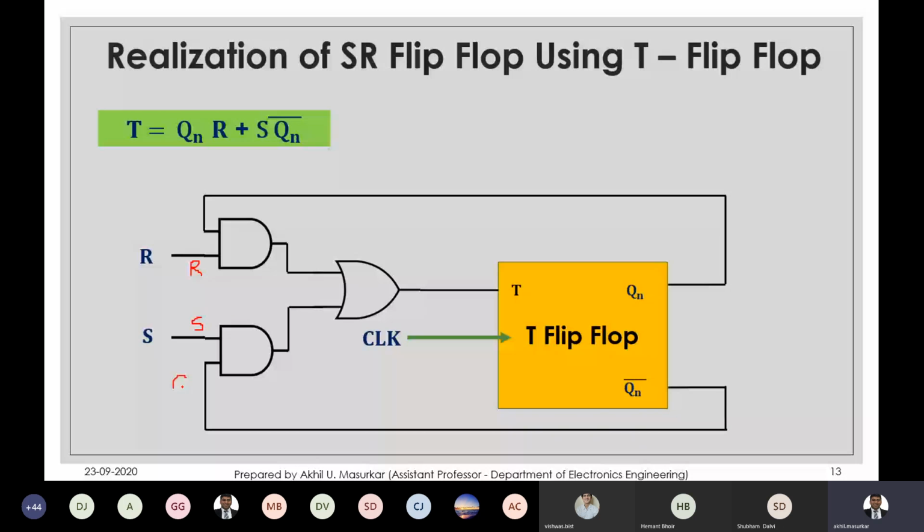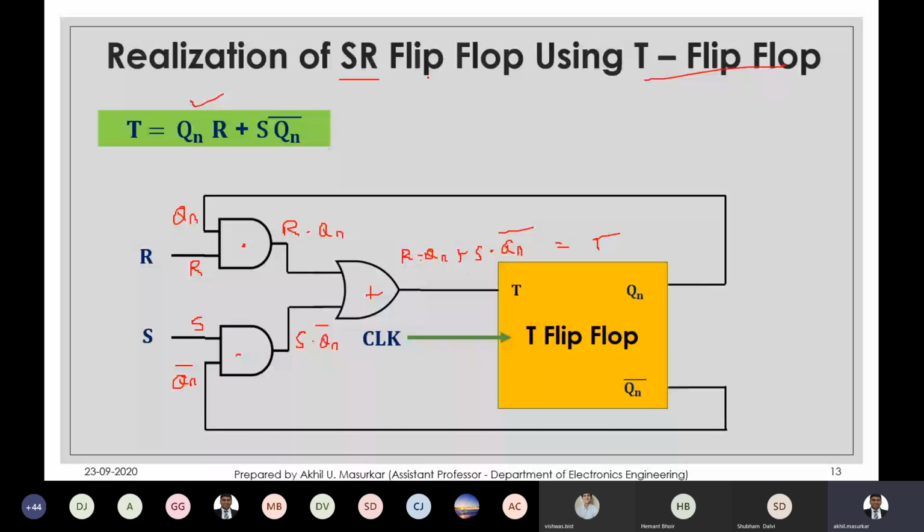This is R dot Qn, that is my first term, and here we have S dot Qn bar, and here we have R dot Qn plus S dot Qn bar. This is dot, this is plus. This is my T. So inside we are having a T flip flop, but the inputs that we are giving is of SR.